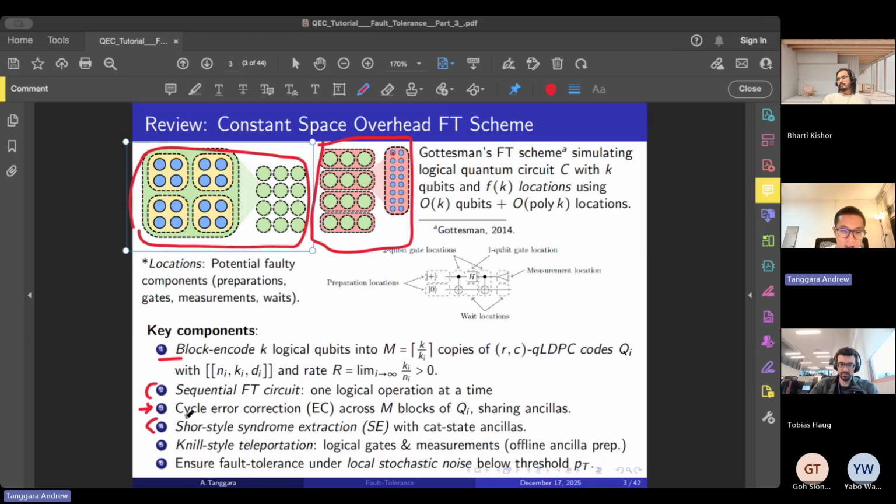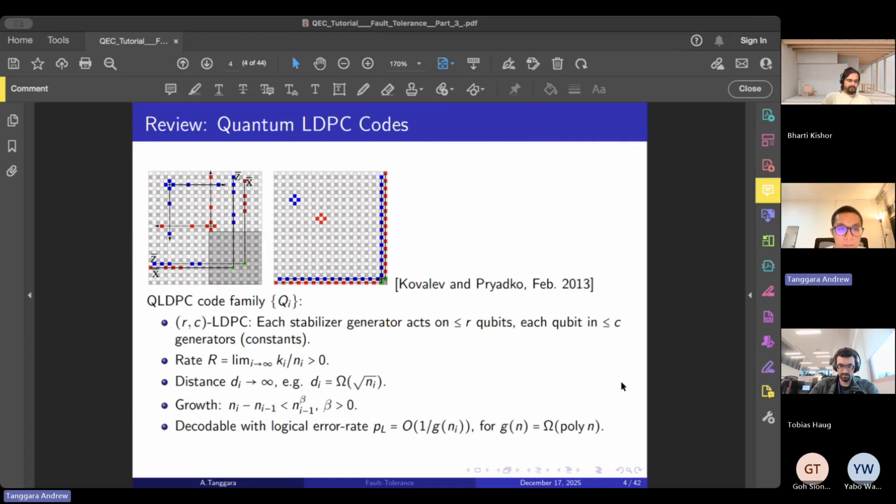The error correction style we use is Shor error correction, and to implement the gates, we're going to use Knill teleportation. We want to ensure this local stochastic noise later on. We're going to use this quantum LDPC code.